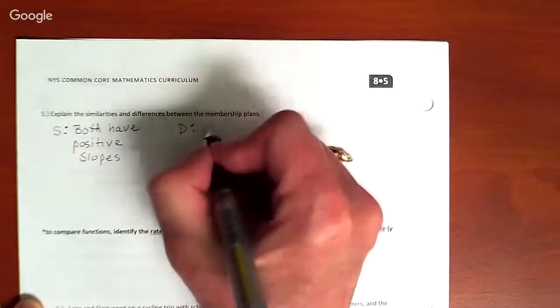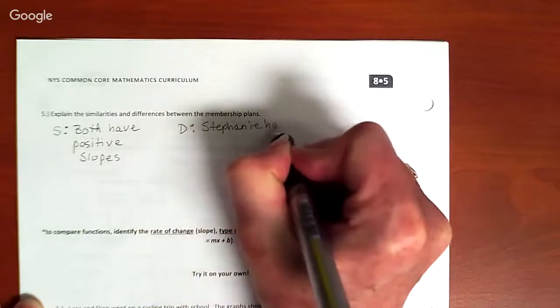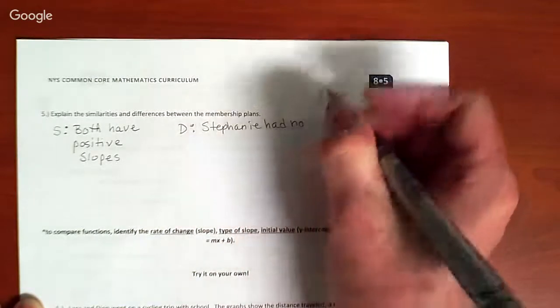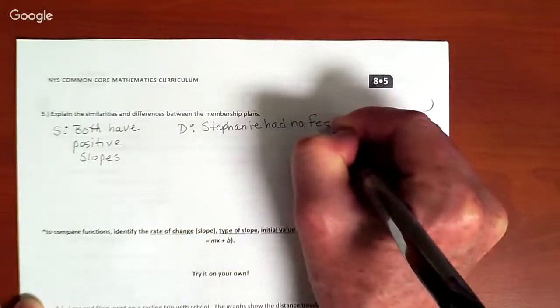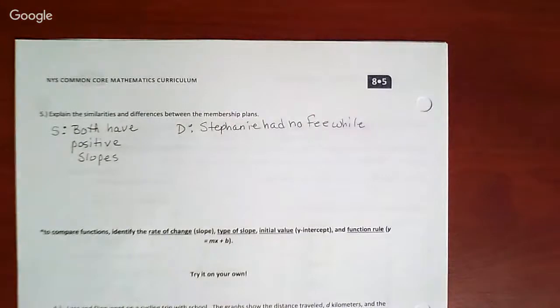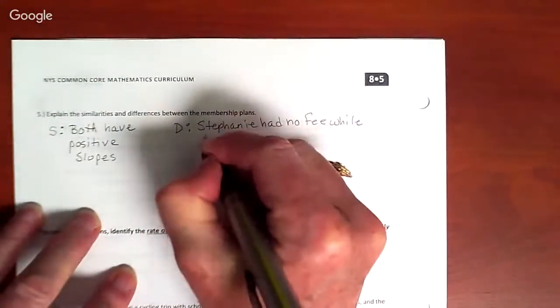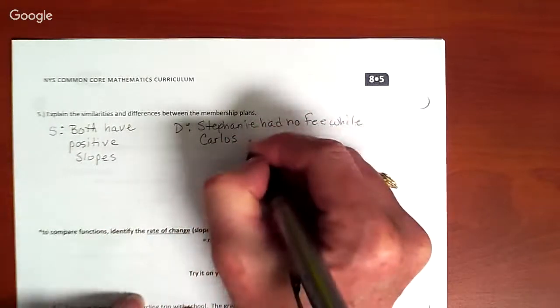The differences: Stephanie had no fee, while Carlos had a $10 fee.